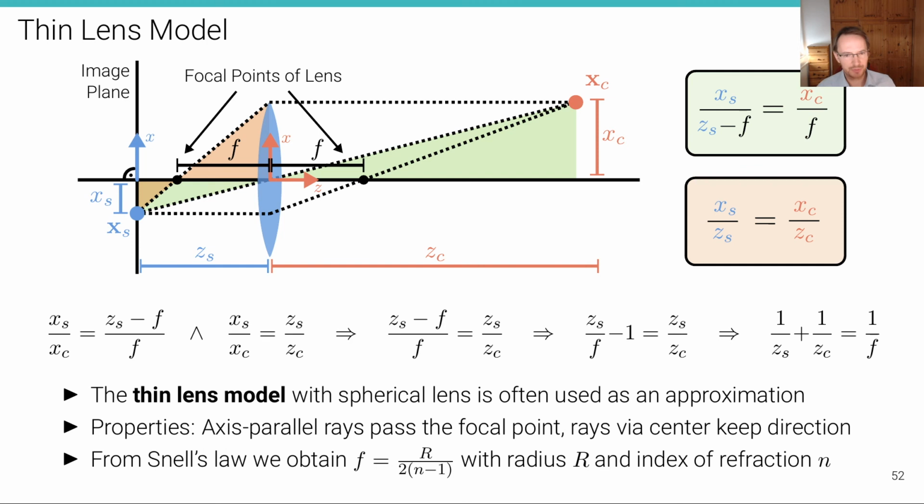So if you have these two relationships, then we can substitute one into the other, and we arrive finally at this equation: 1 over cs plus 1 over cc equals 1 over f.